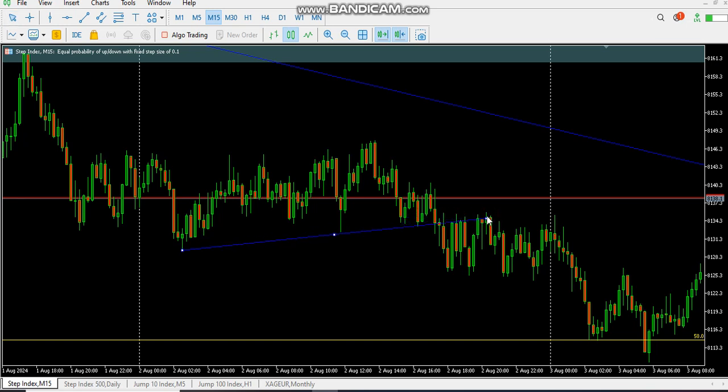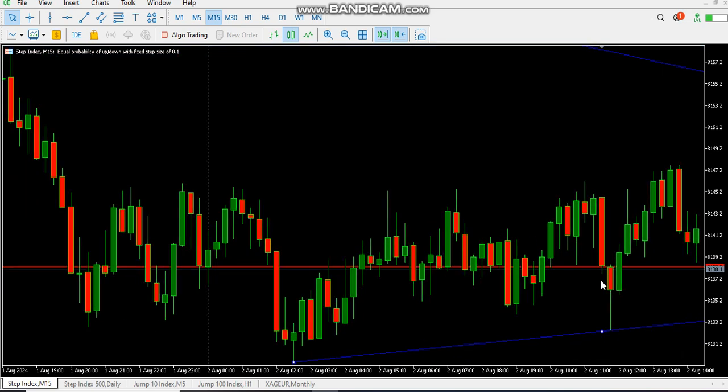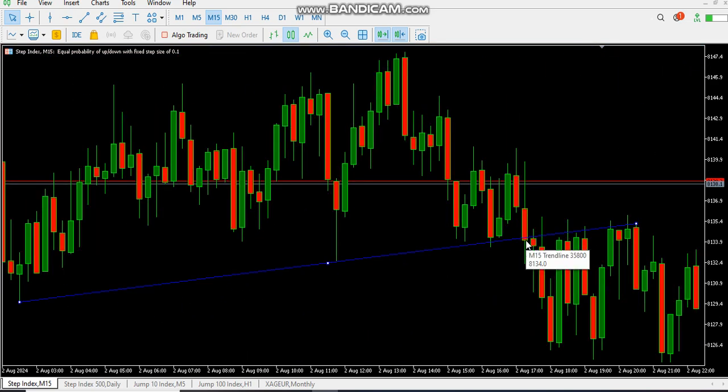As you can see here, this closed with a body, though it was so small. It was so small, as you can see, though it closed with a wick here, but it reversed. And as you can see, it closed with a body below that counter trend line.